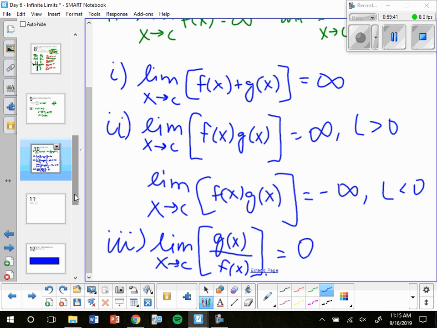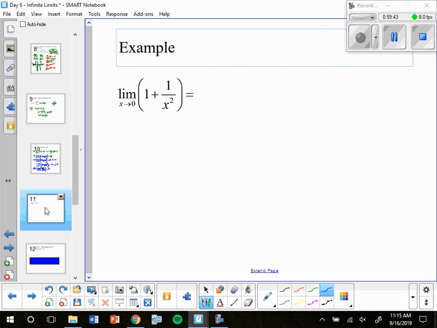So for example, just a quick example of that. Limit as x goes to 0 of 1 plus 1 over x squared. What's the limit as x goes to 0 of 1?